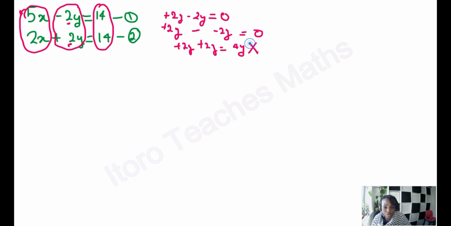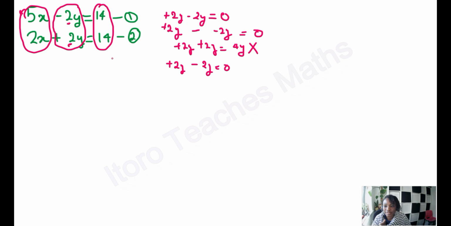So this is not what we want. But if this was a plus, what we would get here is plus 2y, and we'd have plus and minus. Now plus and minus gives you a minus 2y equals 0. So here we know that it's 2y.